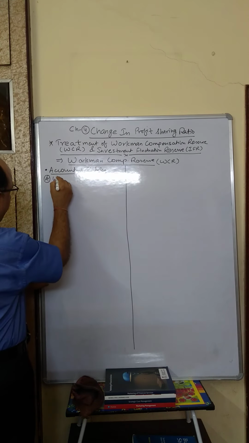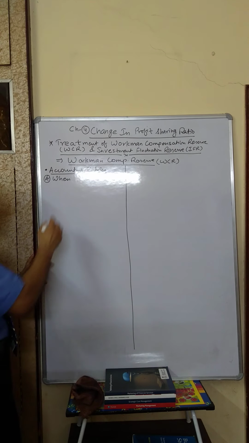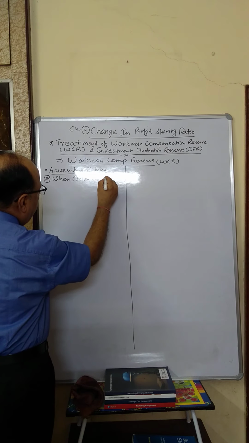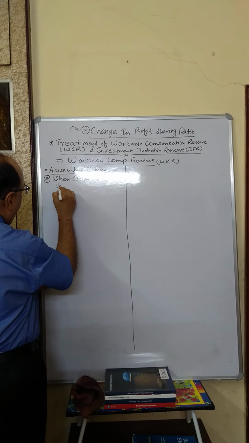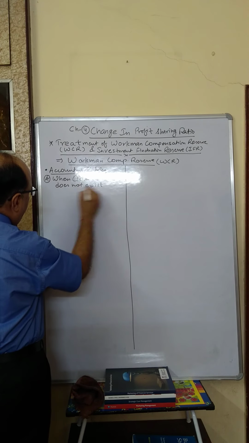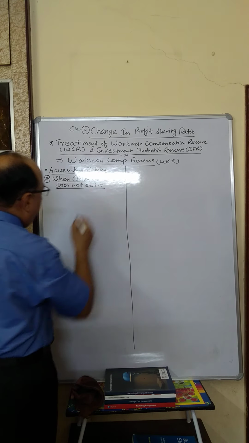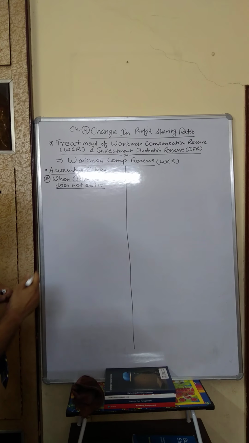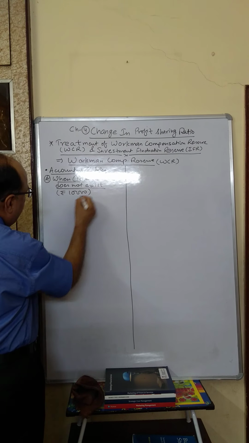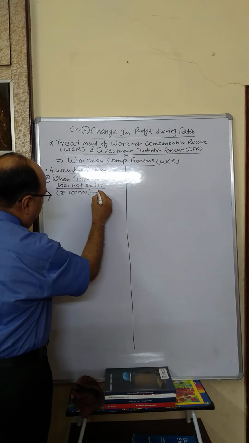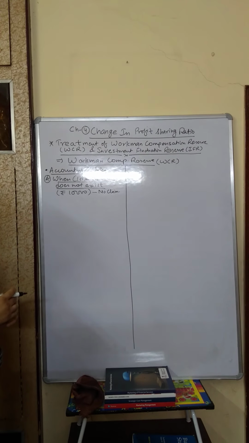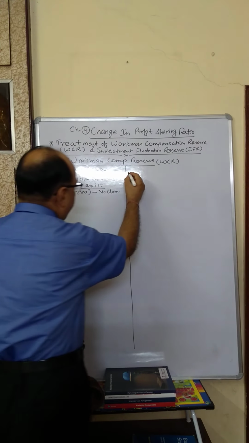When claim on WCR does not exist, it means the firm has created rupees 10,000. There is no claim. It means it should be distributed between the partners.